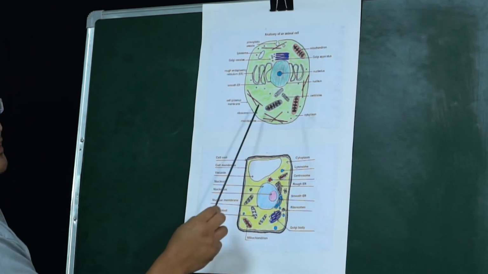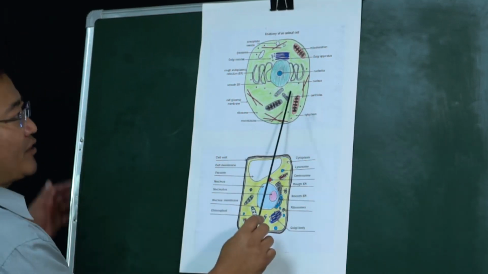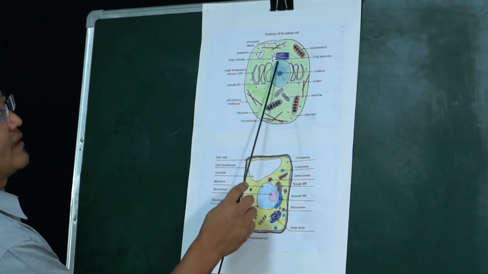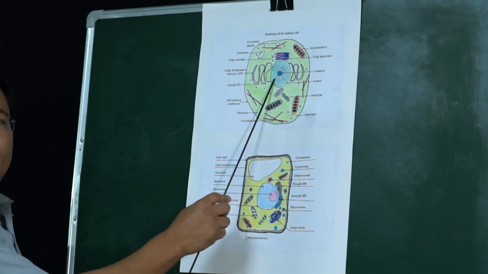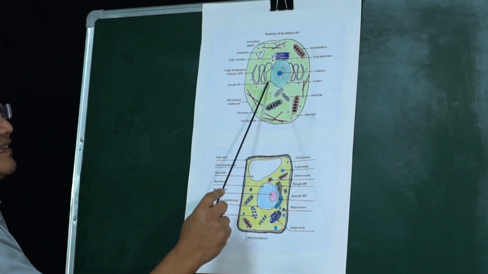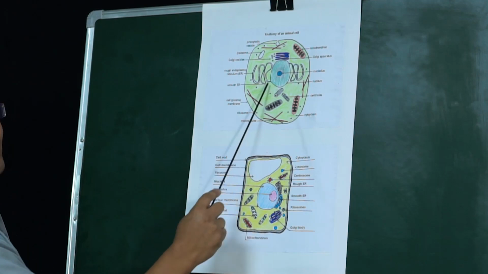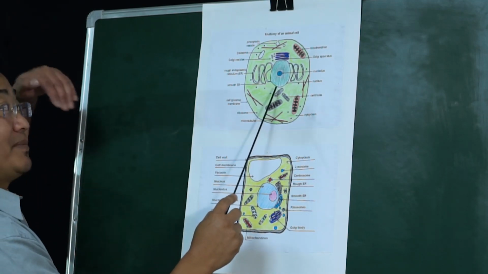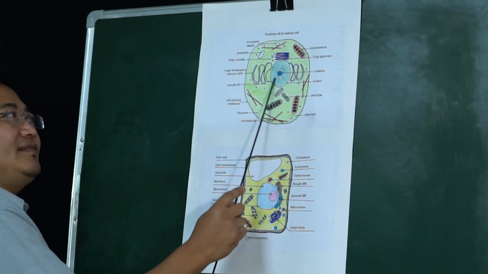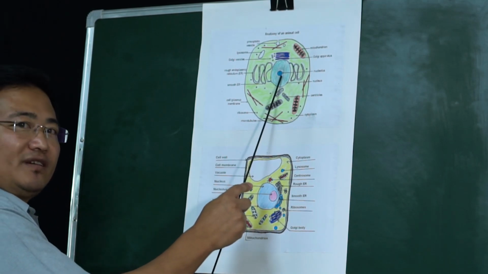This area is the cytoplasm that I have said. And then the central portion of this cell is the nucleus. For a eukaryotic cell, there is a nuclear membrane which separates the cytoplasm from the nucleus. And then within the nucleus, there is another spherical body called the nucleolus.